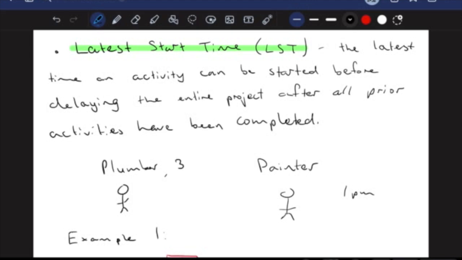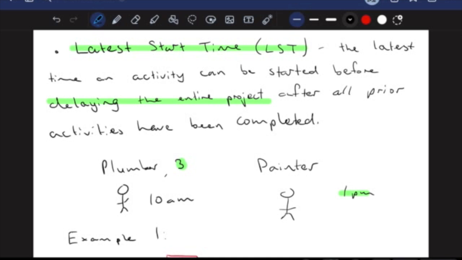We don't want to keep the painter waiting because that's going to delay the entire project, right? This is what we've talked about over here. So as a plumber, your latest start time is going to be these 3 hours before 1 p.m. So here, we're going to go 3 hours back. That is going to be 10 a.m. The earliest start time may have been something earlier, but the latest we can start this task is at 10 a.m.